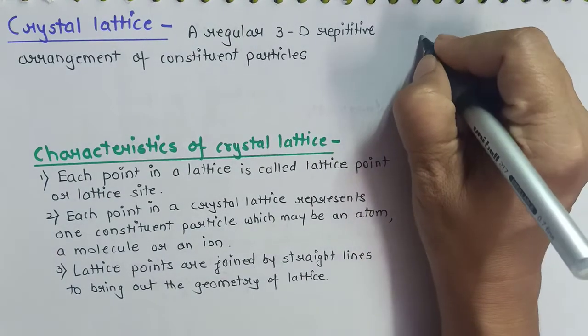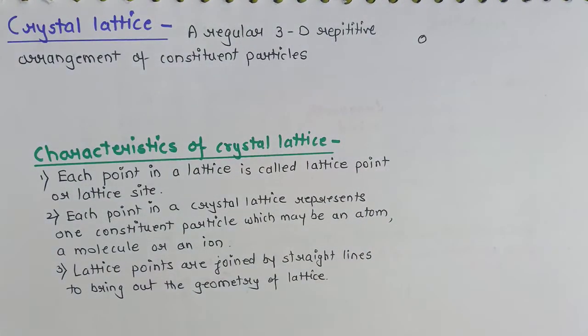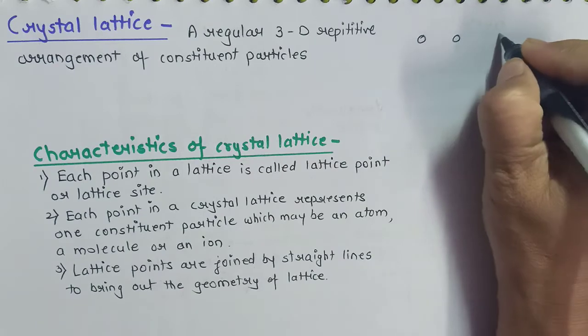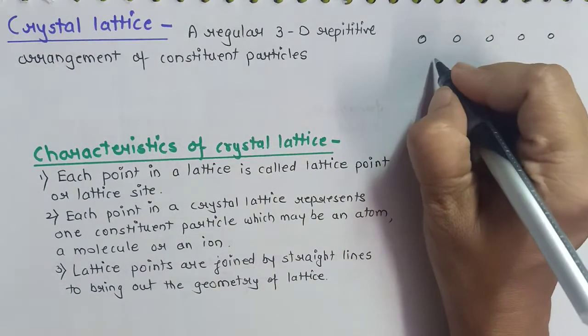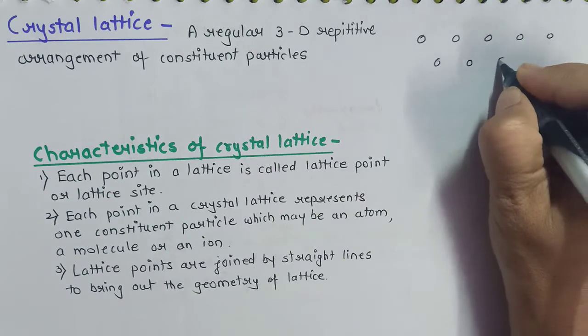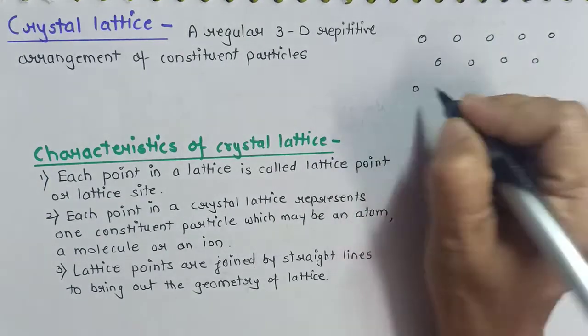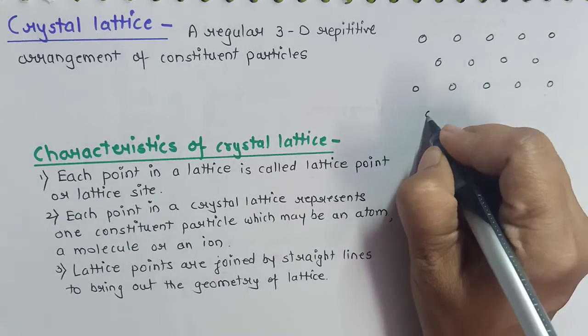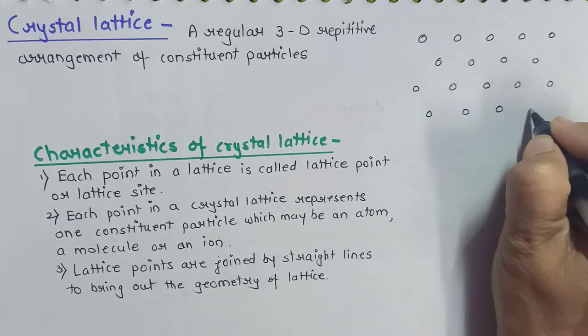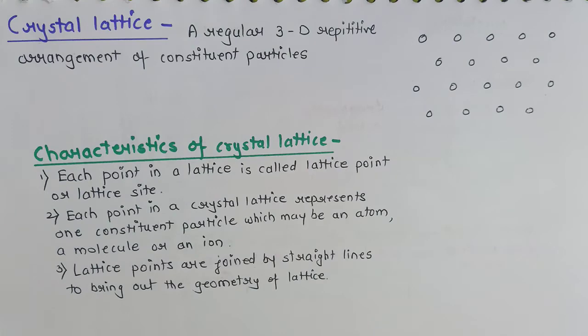For example, let us consider this as one of the particles. The constituent particle can be either atom, molecule or ion. These will be arranged in some specific pattern, a repetitive arrangement in 3D. So this repetitive arrangement of the constituent particles in a three-dimensional way, we call it a crystal lattice.